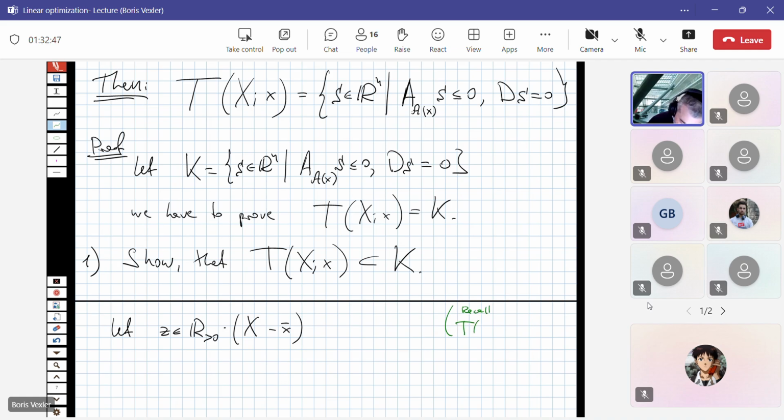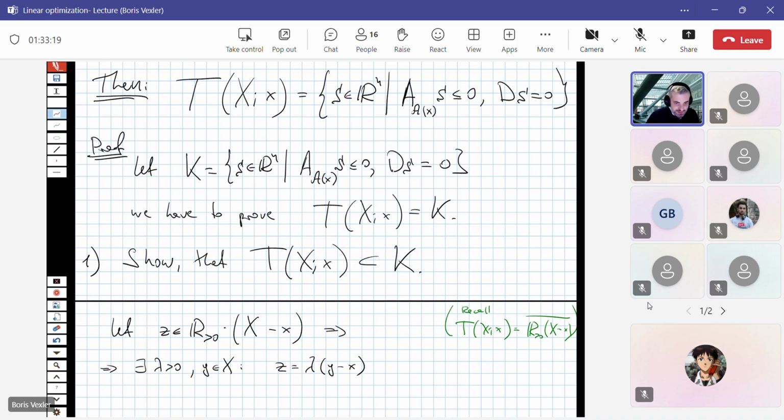Recall that the tangential cone is the closure of this set. Now let z be an element of this set, R plus times capital X minus x. What does it mean? It means that there is some positive lambda and some y in capital X, such that z is equal to lambda times y minus x.